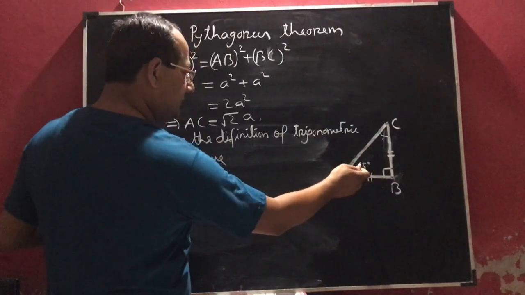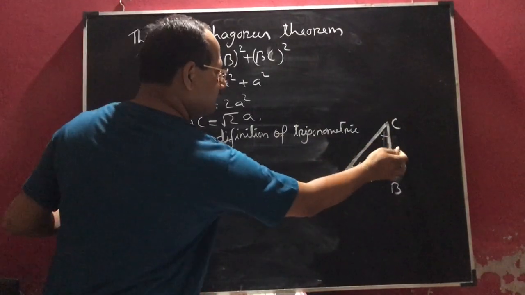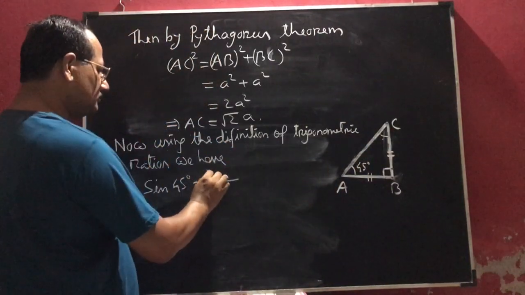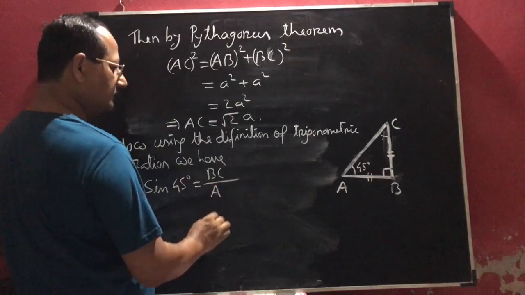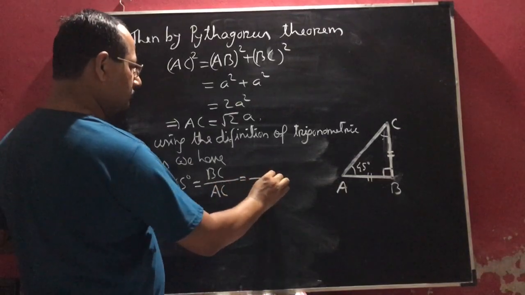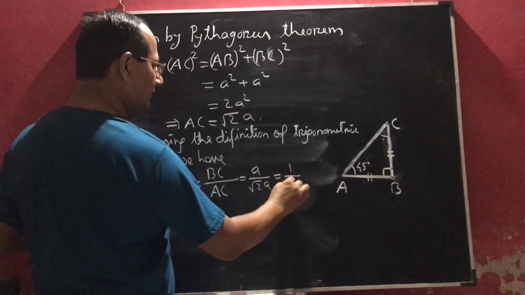We take this 45 degree, the opposite side is BC, divided by AC, that is a by root 2a, that is 1 by root 2.